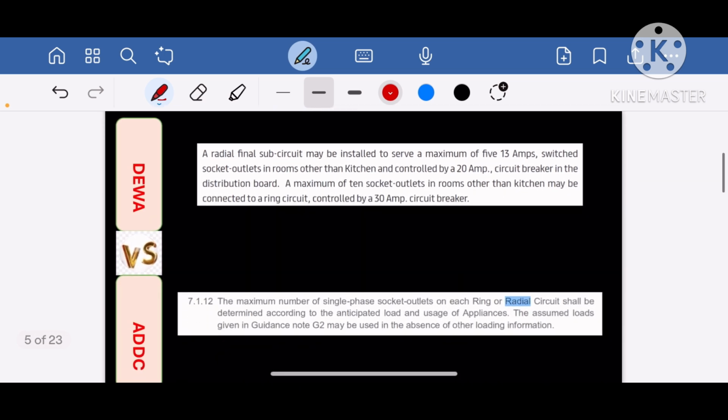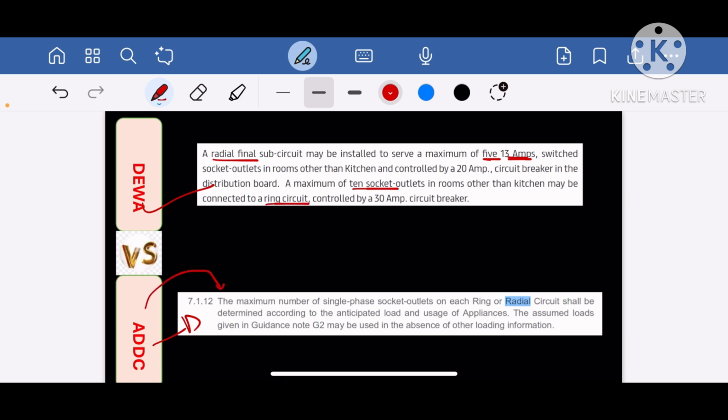Here is the screenshot from DEWA and from ADDC stating the same, that 5 13 ampere sockets are allowed for a radial circuit and a maximum of 10 sockets are allowed for a ring circuit.